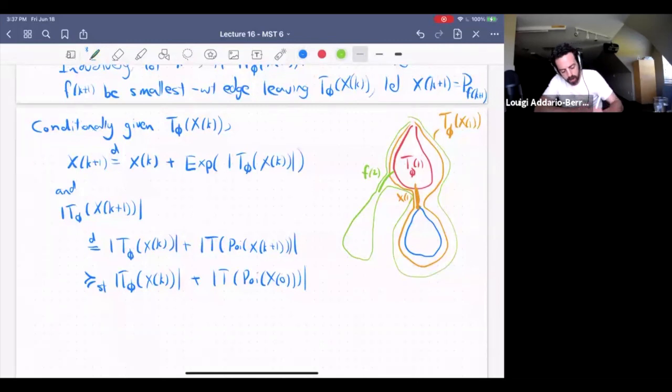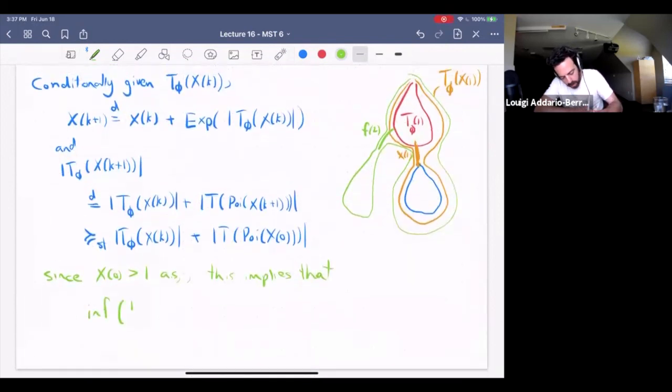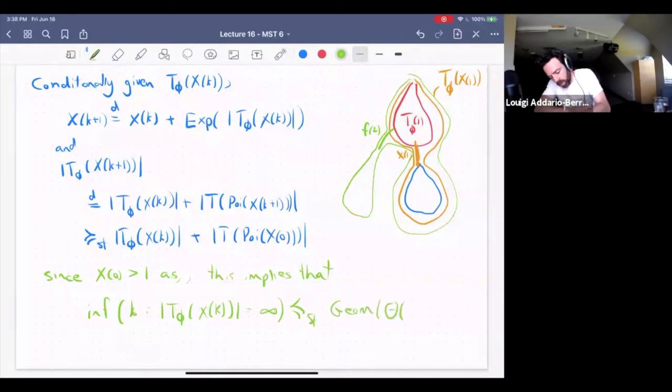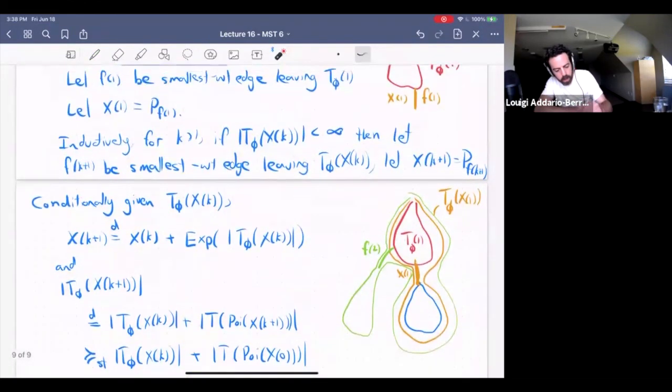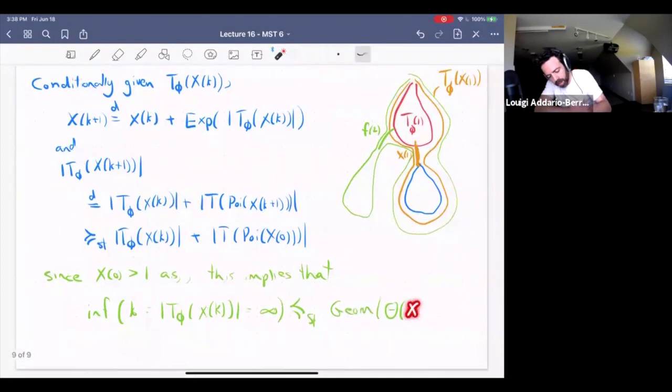Okay, and so since x naught is almost surely bigger than 1, this implies that the number of steps, the number of times we have to do such an exploration before we finally hit upon an infinite tree, is stochastically bounded from above by a geometric whose parameter is, well, the probability that we get an infinite tree at the very first step is just the survival probability of Poisson x naught Bienaymé, which is theta of x naught.